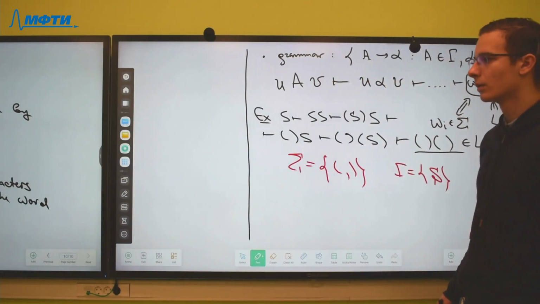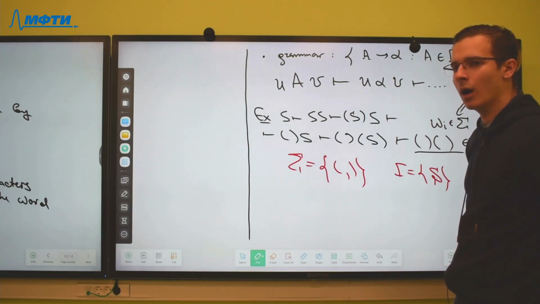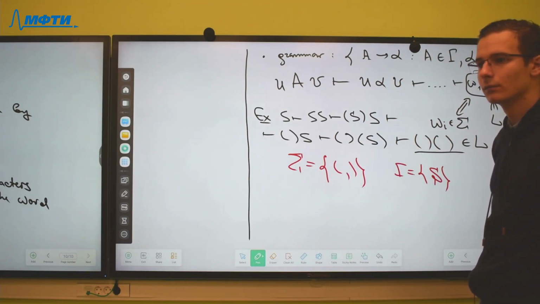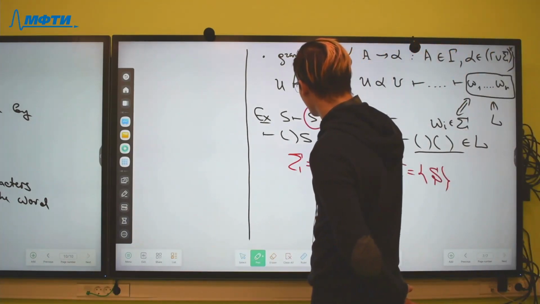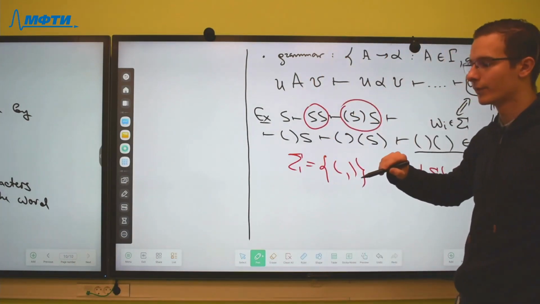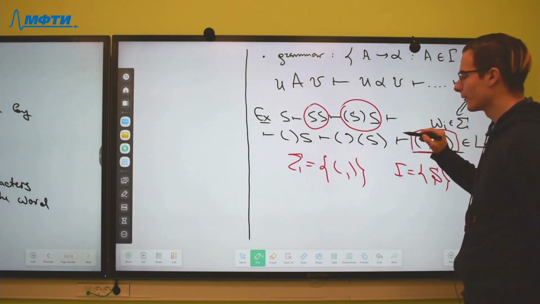You said with alphabets of terminant characters, the characters can be in the word. For example, S can be in the word, or the parentheses. You can use S in the inner states of your words. But finally, you have a word without S.